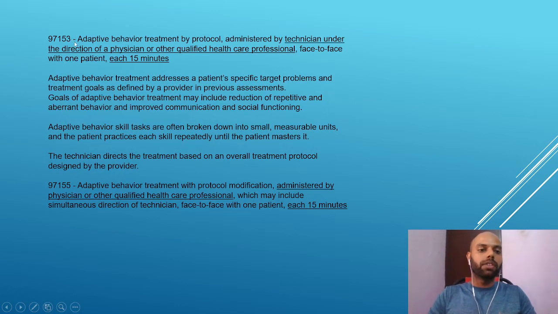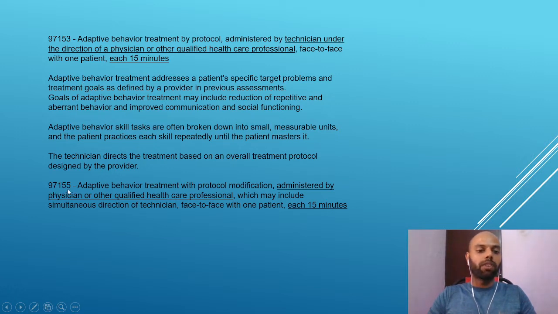97153, adaptive behavior treatment by protocol, is also called direct behavioral therapy, DBT, administered by a technician. That means it can be administered by an RBT under the direction of a BCBA, face to face with one patient. Each 15 minutes is considered as one unit.